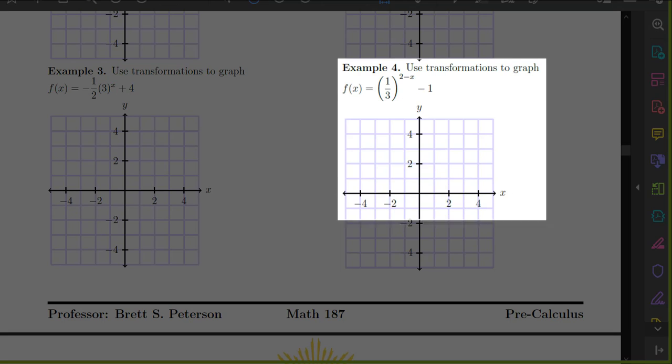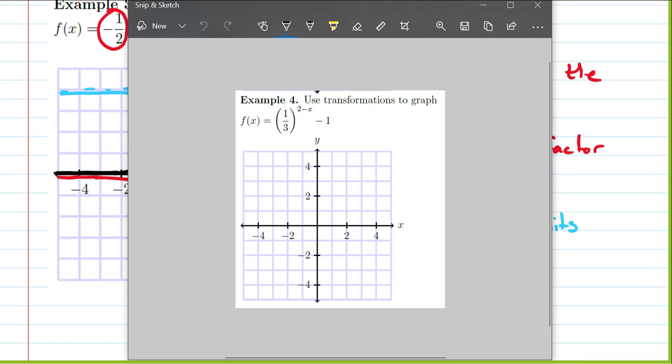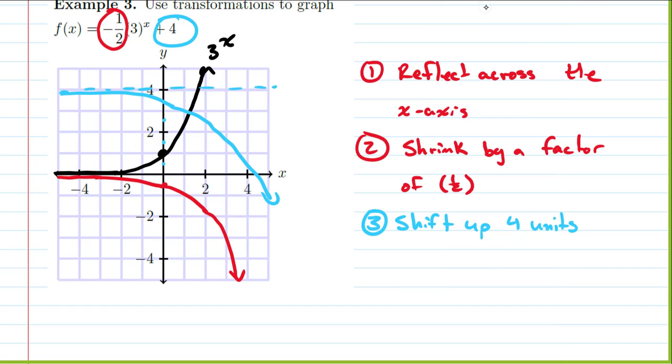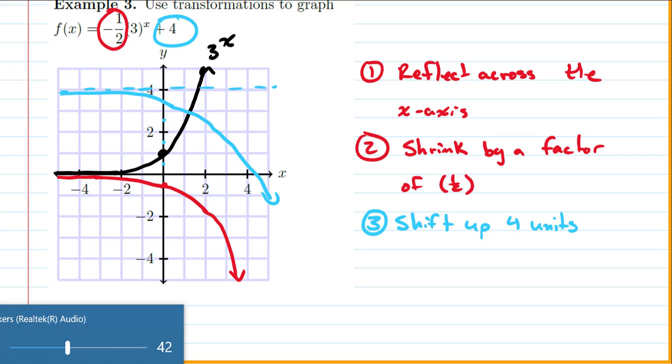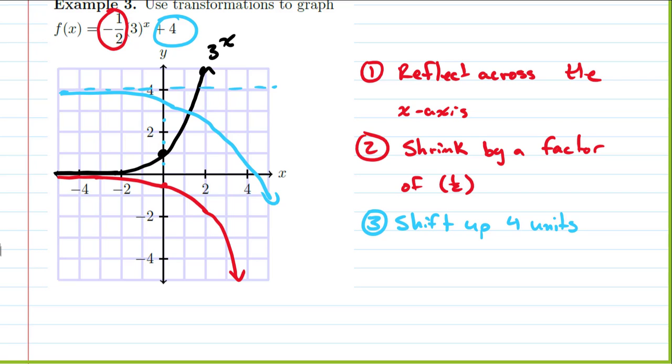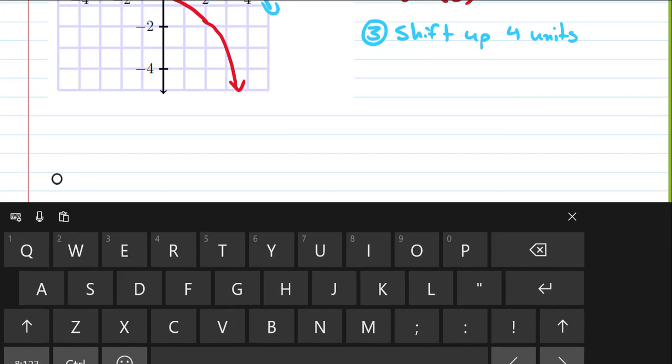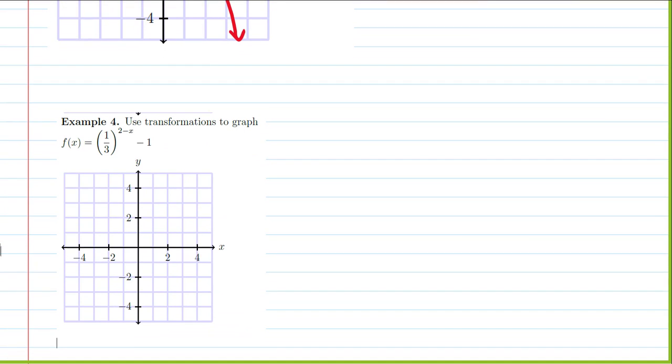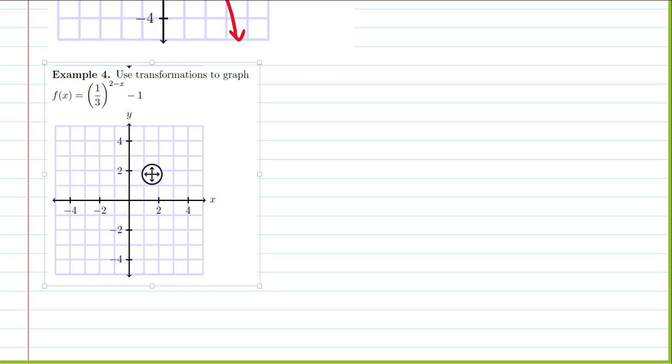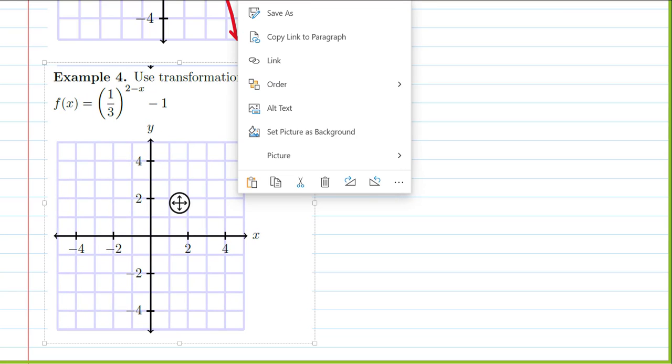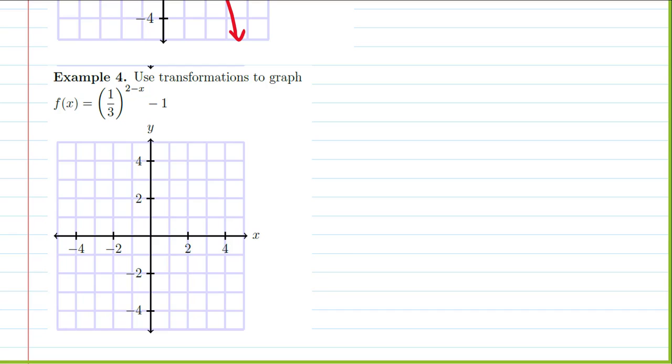Example 4, it's going to be something similar. But we're going to have to do a little bit of algebra to probably help us out first. So if we look at this piece right here, we have 1/3 to the 2 minus x.